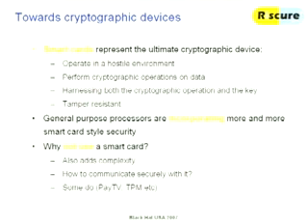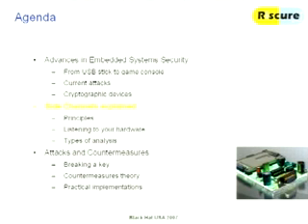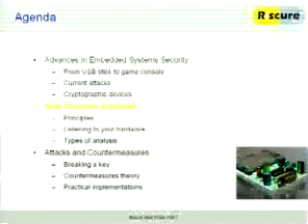You're making your CPU look more like a smart card. Okay, so that's a little bit of the overview of how chipsets are moving and the security features that you can find in them. So now I move to the side channels.